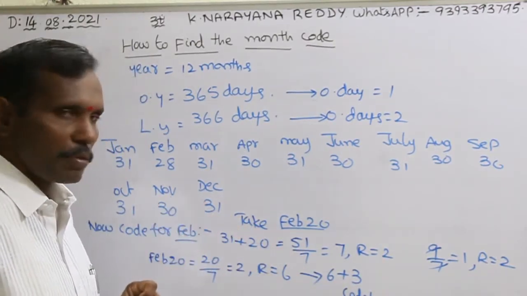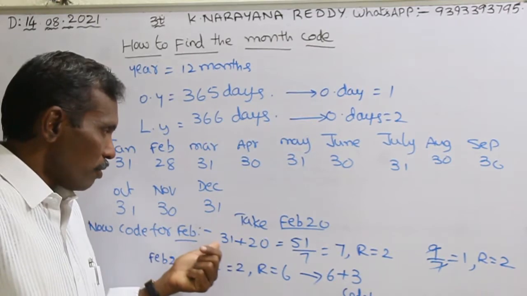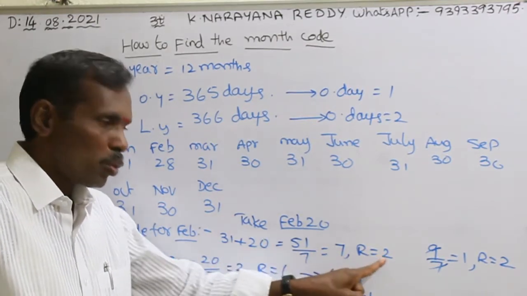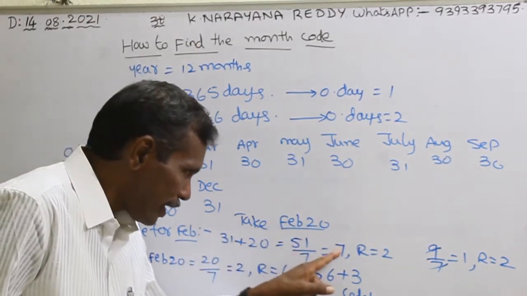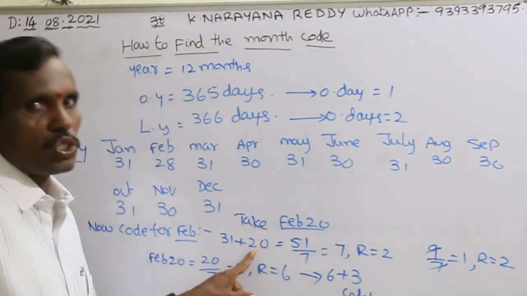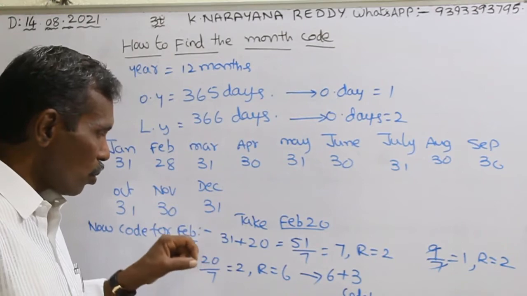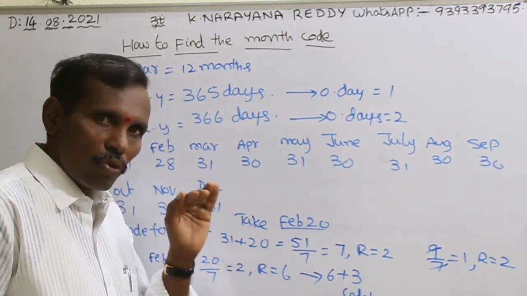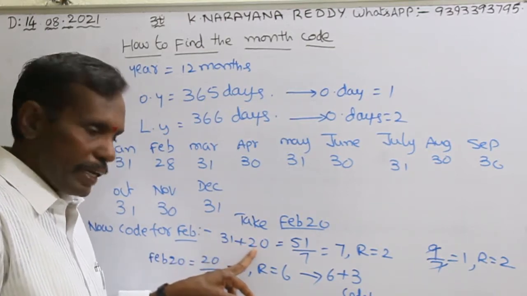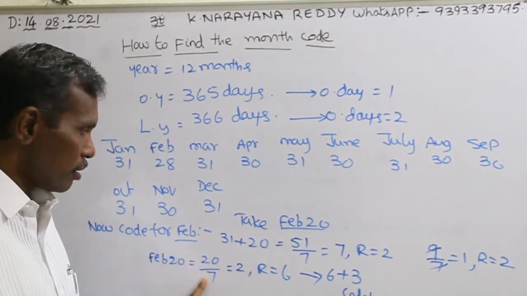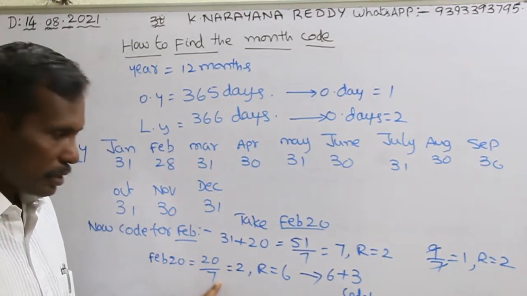Please understand the point here. From Jan to Feb 20 we will have 2 odd days totally. But in these total odd days we have Jan and Feb 20 also. Now we want only the code for Feb. That is why we take 20 by 7: 7 2s are 14, 6 remains.